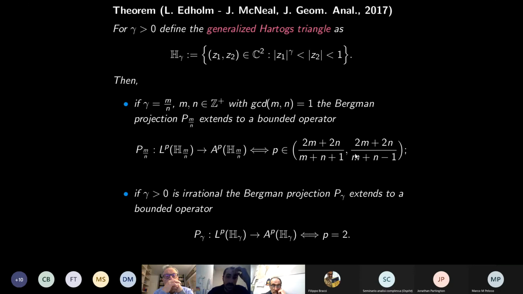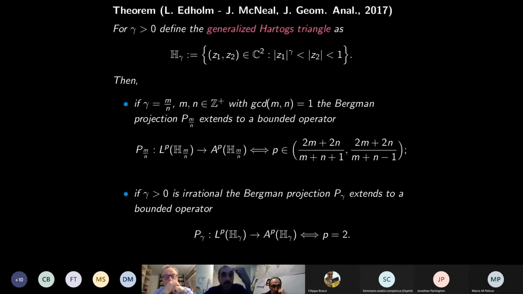But if gamma is an irrational number, they proved that the Bergman projection is bounded only in the trivial case of p equals 2, because being a projection, it is always bounded on p equals 2, and if gamma is irrational, it is the only case where P_gamma is bounded. So this is another pathological fact about the Hartogs triangle.